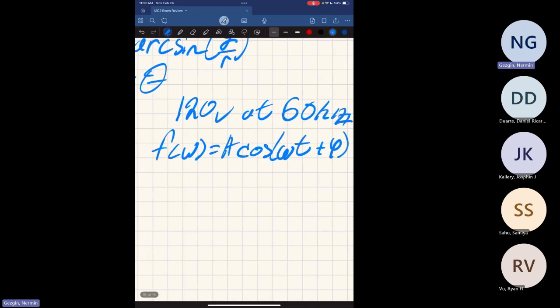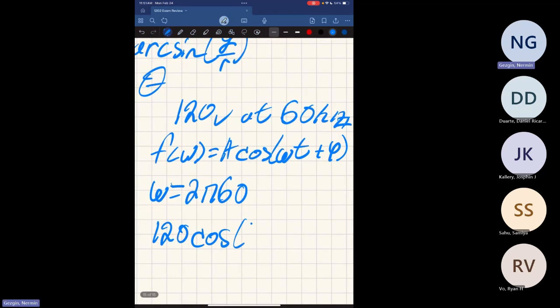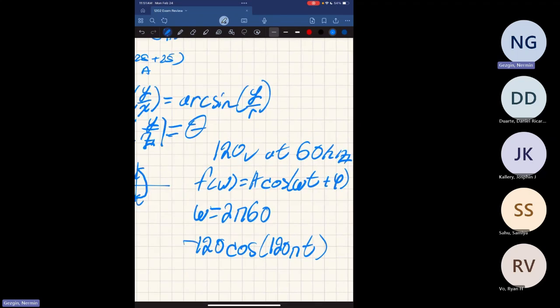If they don't give you an angle, ignore that. To find omega from hertz, all you have to do is multiply your hertz by 2 pi. So you'd be left with a function of 120 cosine of 120 pi t as your voltage.